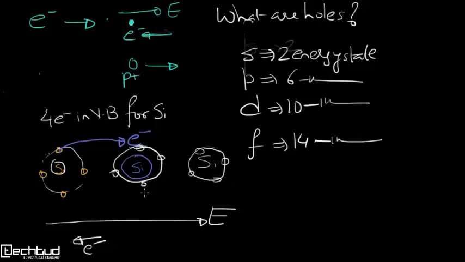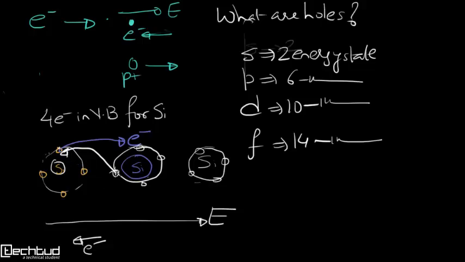Since you have applied the electric field, these electrons in the valence band will also have a tendency to move in the opposite direction. This electron here doesn't have very high energy to leave the silicon atom, but what will it do? It will jump from this energy state to the vacant energy state.